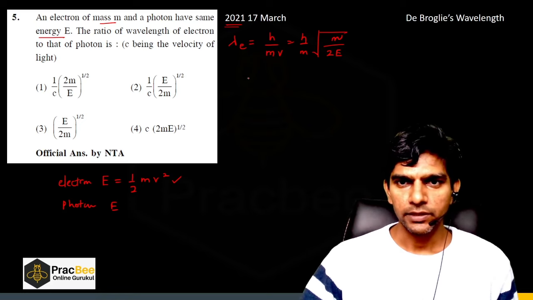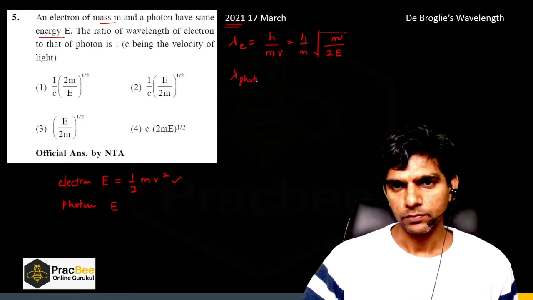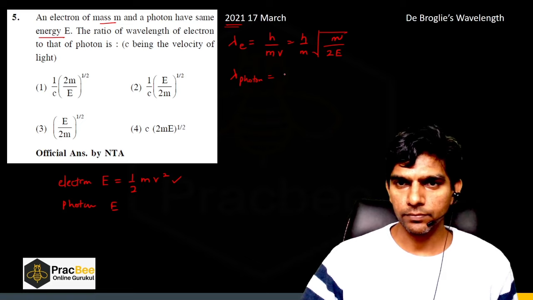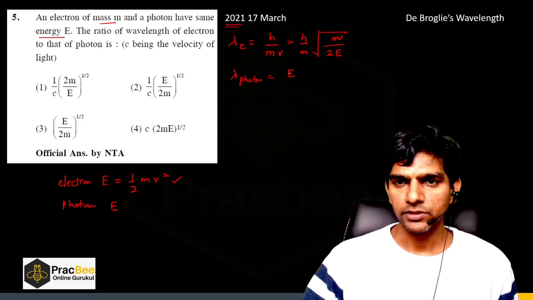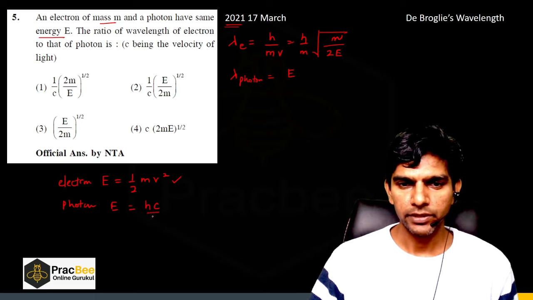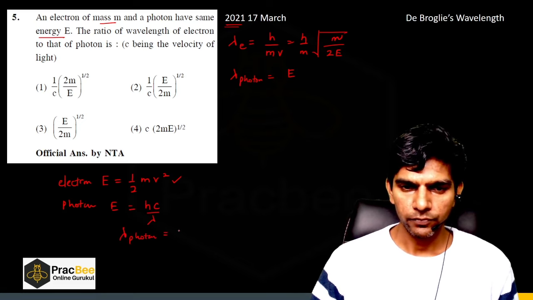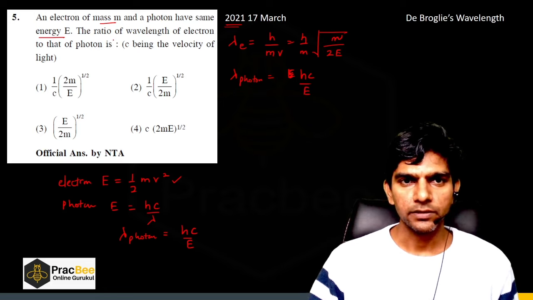And the wavelength of photon will be, we know that energy is hc by lambda, right? So lambda of photon will be hc by E. Now, let us find the ratio.